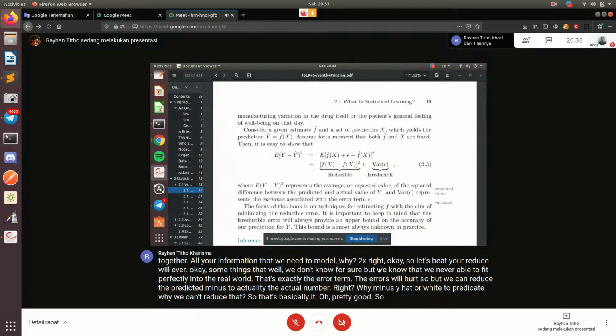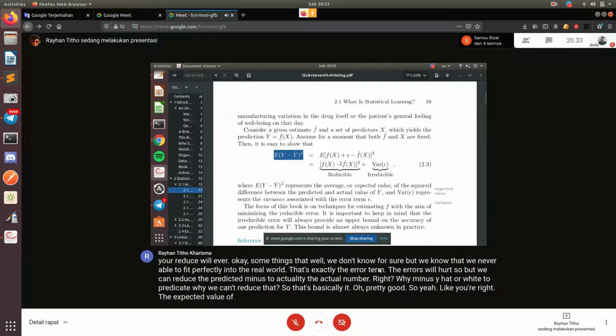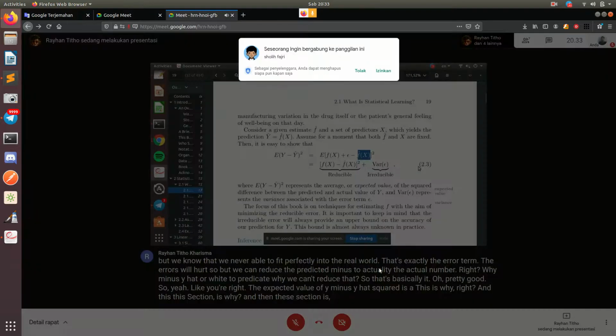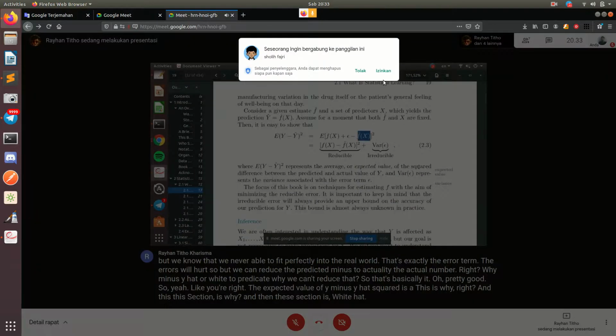The expected value of Y minus Y hat squared is, this section is Y, and this section is Y hat.